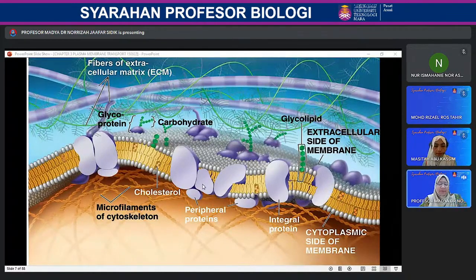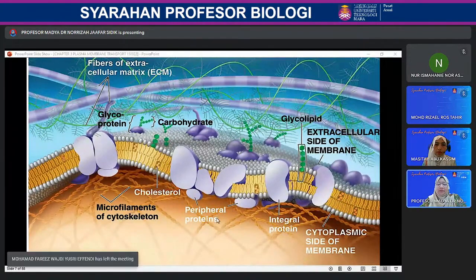Then another type of protein is the peripheral proteins. The location of these peripheral proteins is on the inner or outer surface. Here is the extracellular side of the membrane, and here is the cytoplasmic side of the membrane.